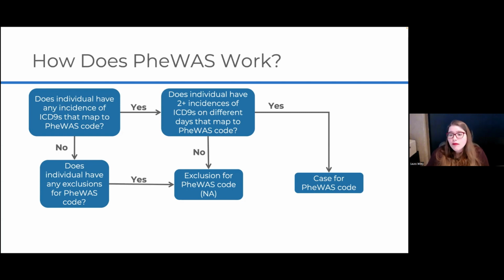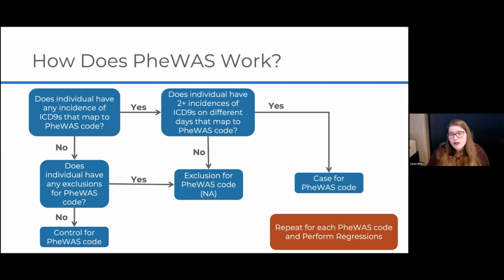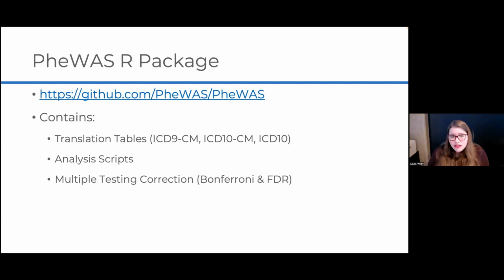And so if I have one of those exclusion codes, I'm going to exclude them from the analysis for that Phe code as well. If they have neither the ICD code nor any of the exclusions, then I call them a control. And then I do this for each of about 1,400 different phenotypes. There's actually an R package that does this for you.